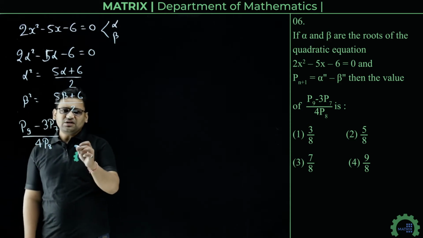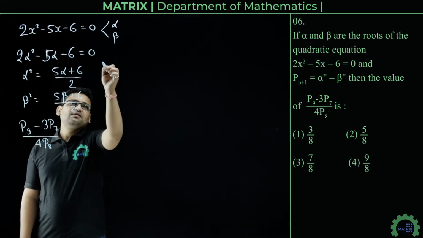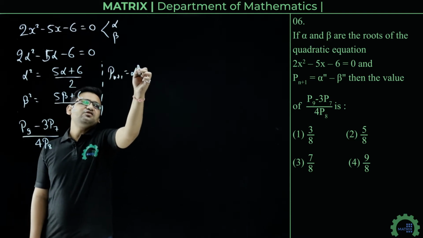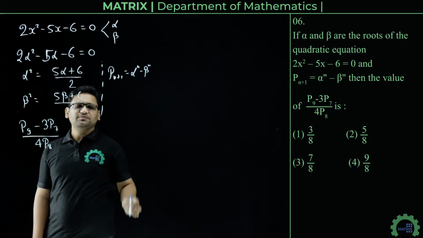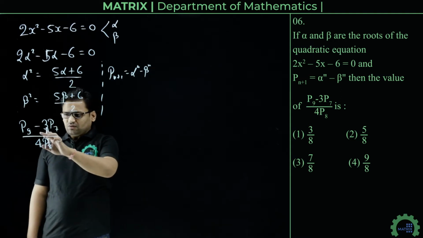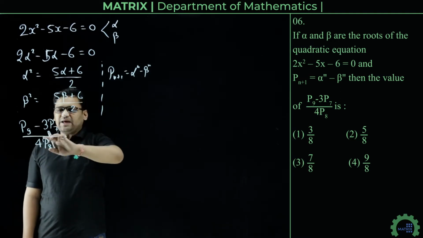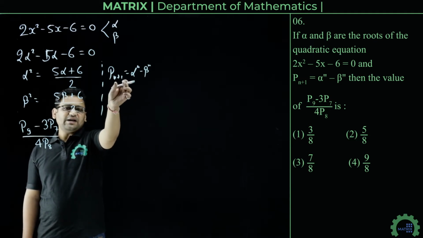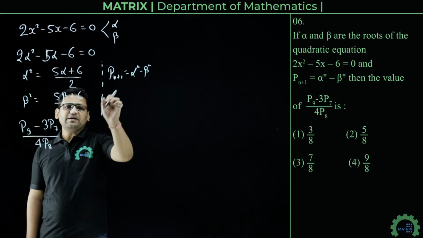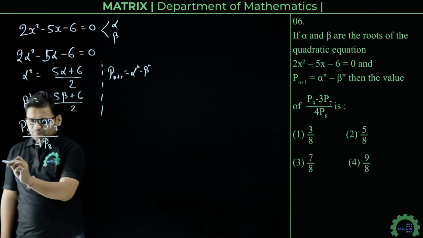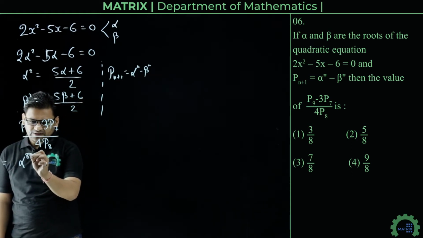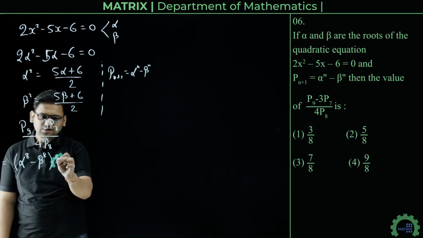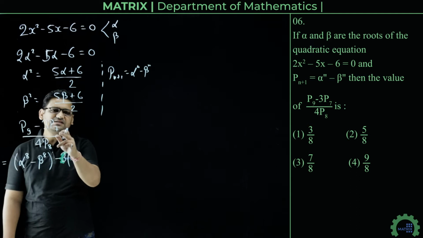We have given the relation P of n plus 1 is alpha raised to power n minus beta raised to power n. So P9 will be for n equals to 8. So on putting n equals to 8, we get P9 that will be alpha raised to power 8 minus beta raised to power 8, minus 3 times of P7.